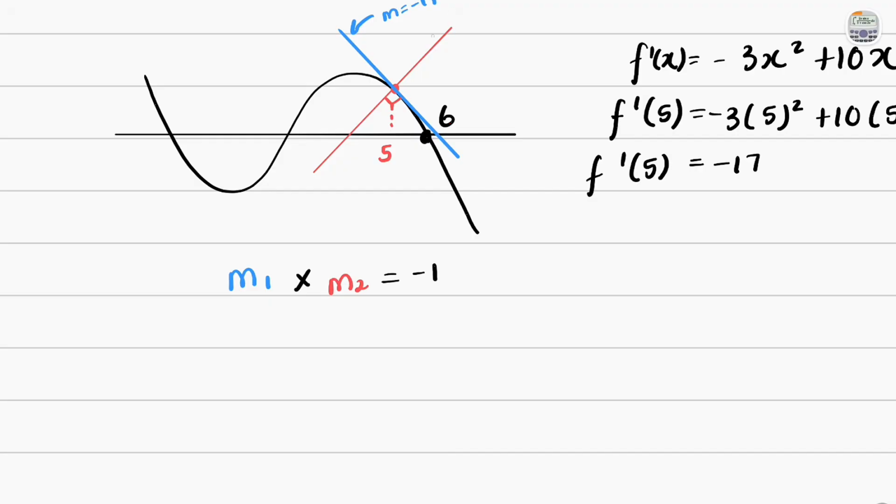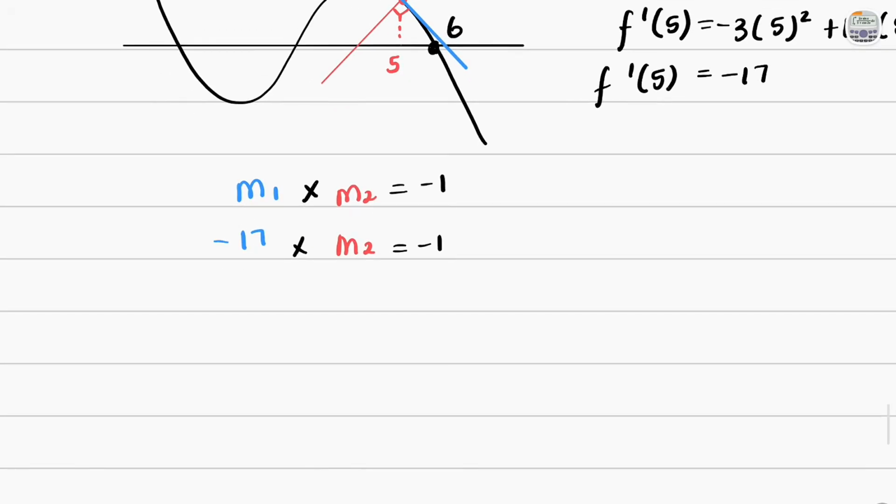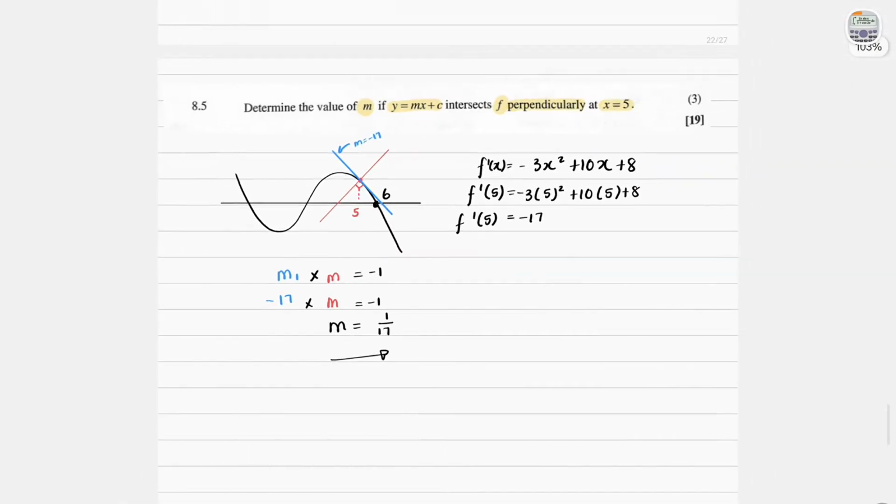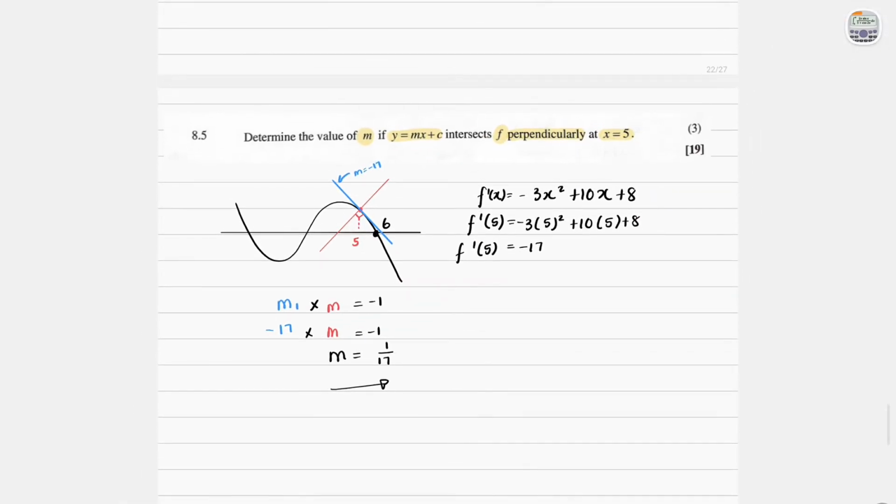So this is negative 17 times m2 is equal to negative 1, and then solve for that gradient by dividing both sides by negative 17. Let's just call that m. The gradient of that line we are referring to is simply 1 over 17. And that is our answer. And that is it for question 8.